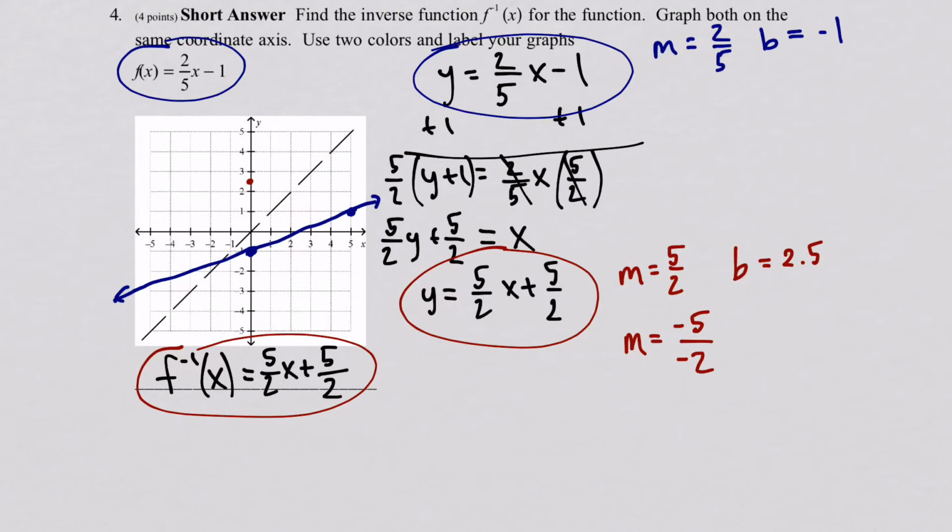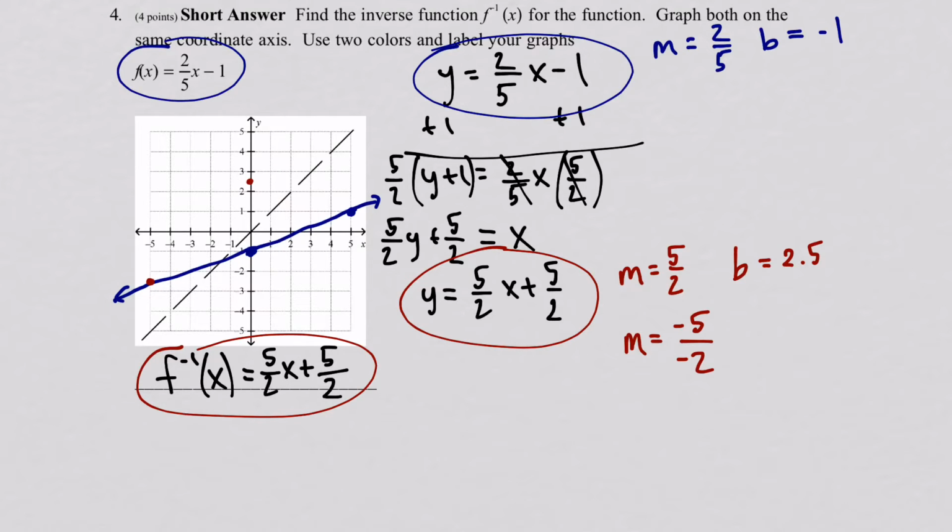So that means that I can go down and to the left instead. So I'm going to go down 5, 1, 2, 3, 4, 5, right in the middle between -2 and -3. And to the left 5, 1, 2, 3, 4, 5, right about here. Okay, so let's draw it right about there.